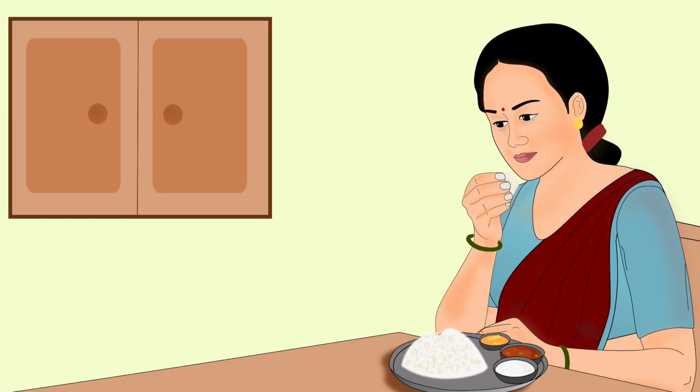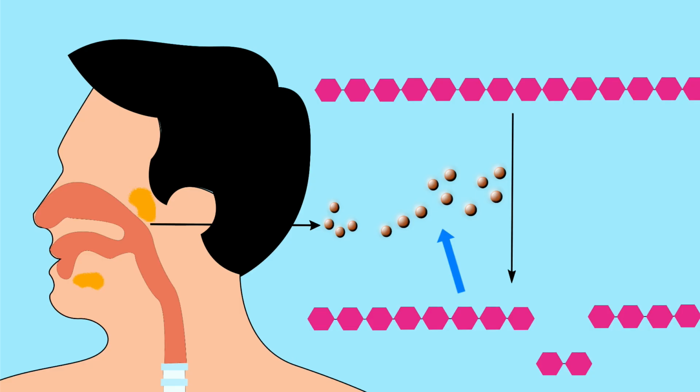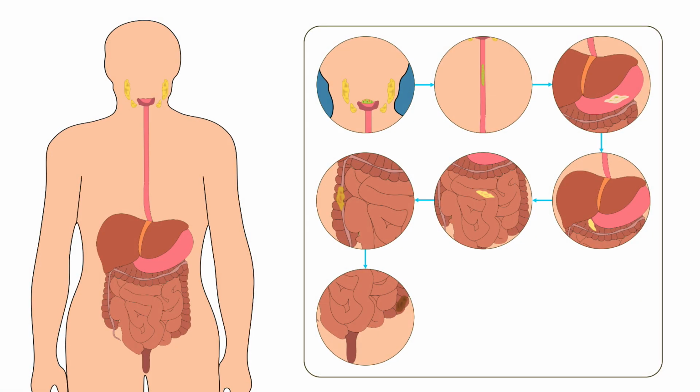The process of carbohydrate digestion begins the moment we put it in our mouth. There are enzymes in our saliva called amylases. They begin breaking down complex carbohydrates into smaller carbohydrate chains. Then the carbohydrates pass through the stomach to the small intestine.